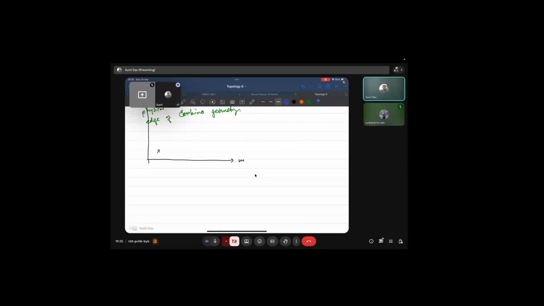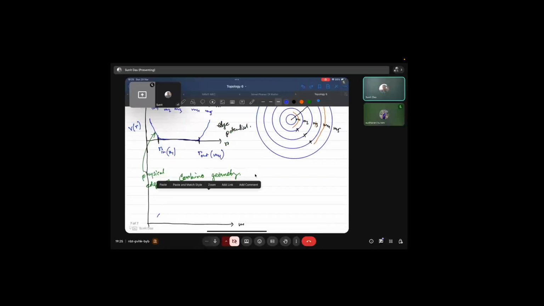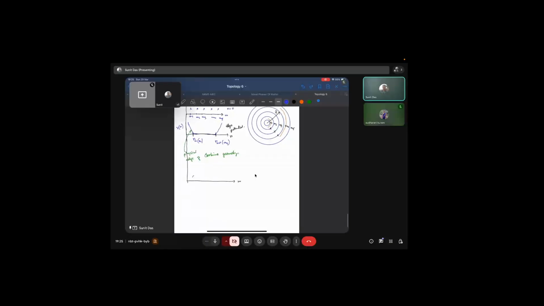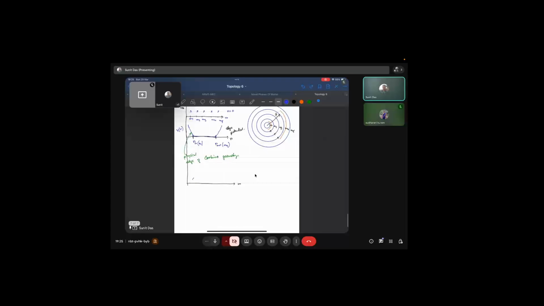This one will be at some higher energy, and this is M2, M3, M4, M5.